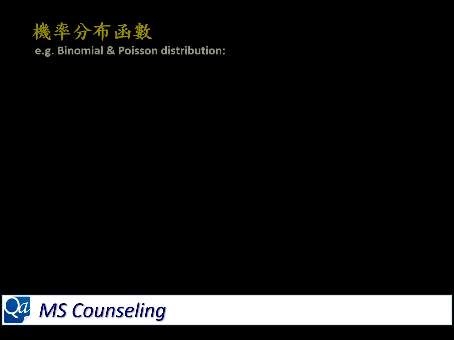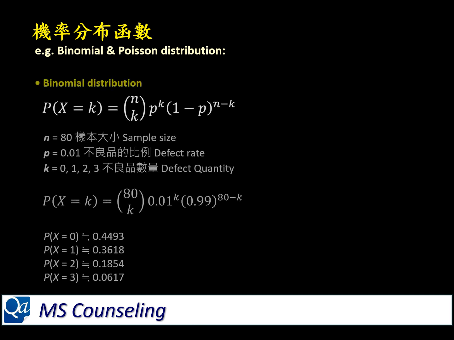Concerning the probability distribution function, we use binomial distribution or Poisson distribution. For the number of defective items in the inspection plan, both can be applied, but the appropriate distribution is usually selected based on the AQL. Firstly, the binomial distribution.